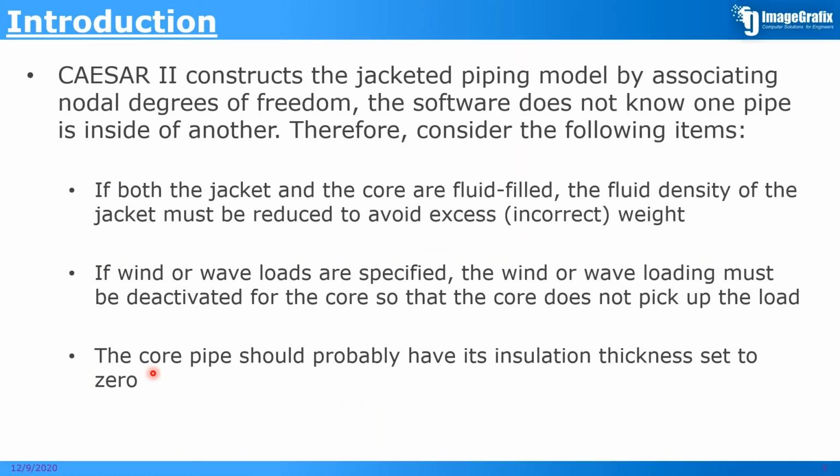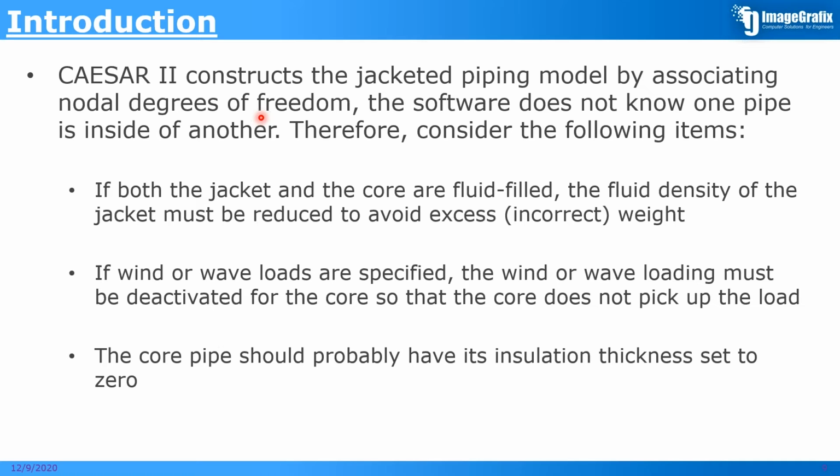Next, the major thing: jacket piping modeling by associating nodal degrees of freedom. How does Caesar construct the jacket piping? Mostly it will be constructing based on your nodal degrees of freedom. So how am I giving my degrees of freedom in my software? My degrees of freedom are given based on my nodal freedom, that is, how I provide my restraints, how I arrest my nodes.